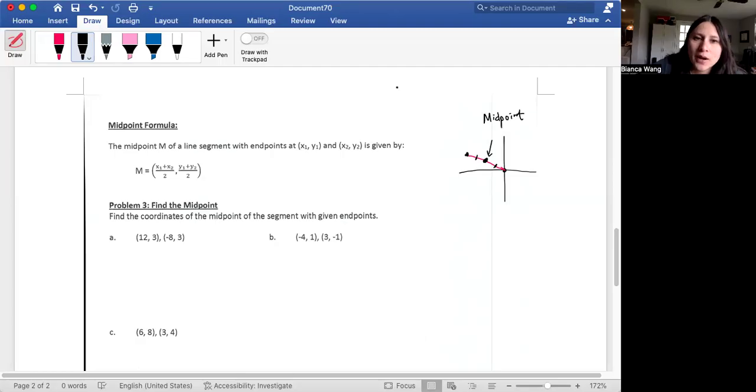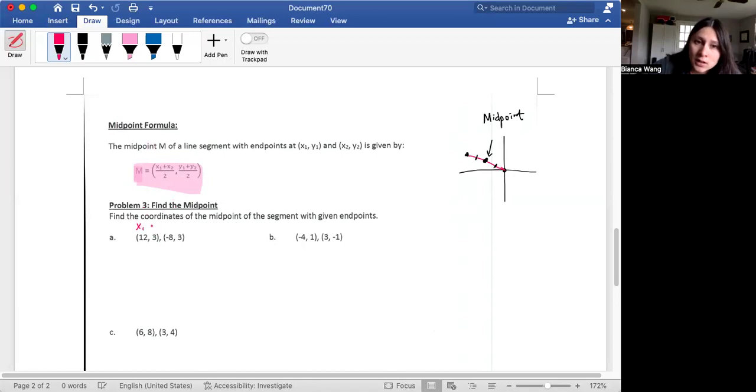And really, how you find that is by averaging: adding the x values, adding the y values, and dividing by 2. Finding the average of the x, finding the average of the y. We can use this formula to help us with our midpoint and label our correct points, then all you have to do is plug it in.